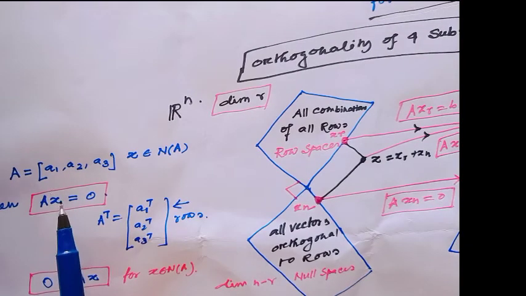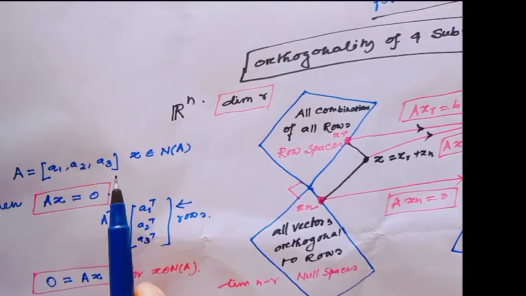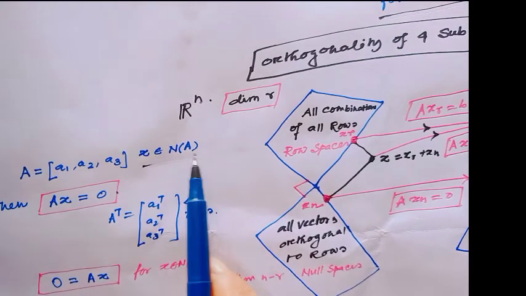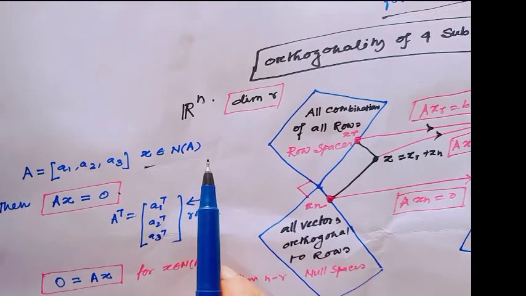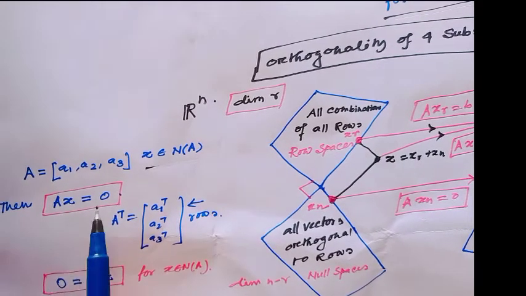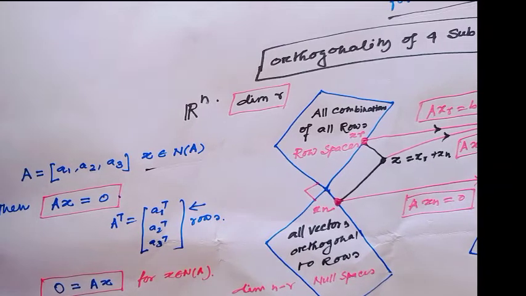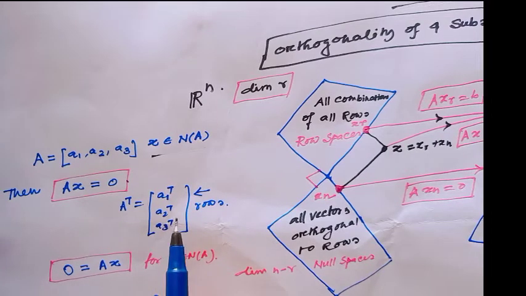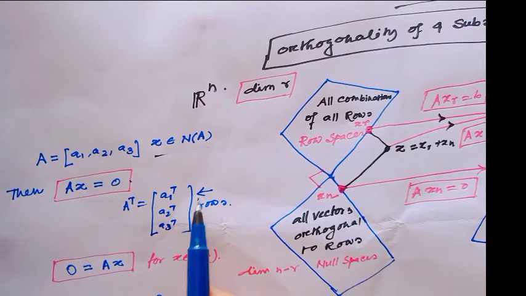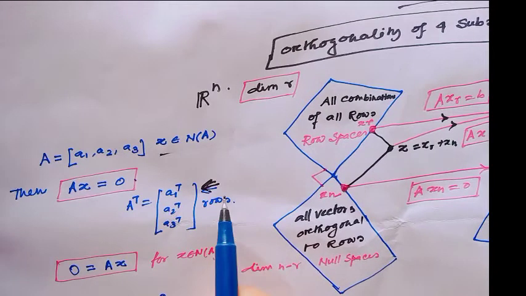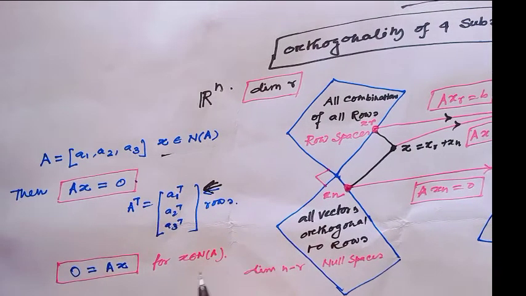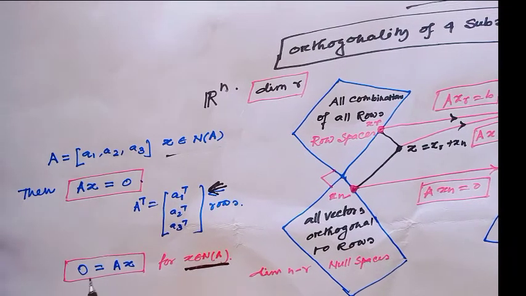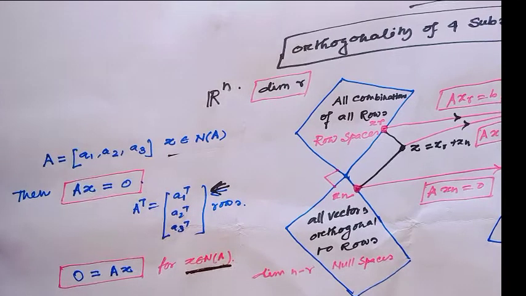Consider A equal to the vectors A1, A2, A3 as rows, and consider x belonging to the null space of A. Then A transpose equals A1 transpose, A2 transpose, A3 transpose, and obviously these are the row vectors. Since x belongs to the null space of A, obviously Ax equals 0.